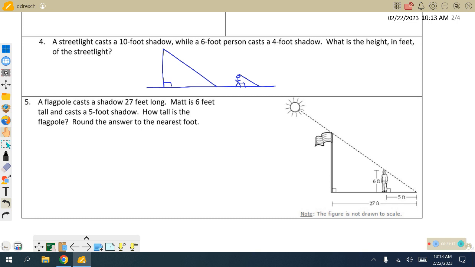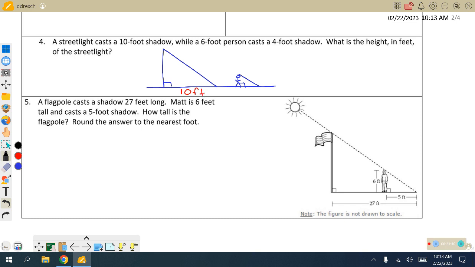So when you look at shadows, where do shadows occur? Do shadows occur right here on the hypotenuse? They magically occur in the middle of nowhere? No. Where does a shadow usually occur? A shadow occurs along the ground, right? So when they say it casts a 10-foot shadow, where's that 10 foot going to be labeled? It's going to be labeled right there along the ground.